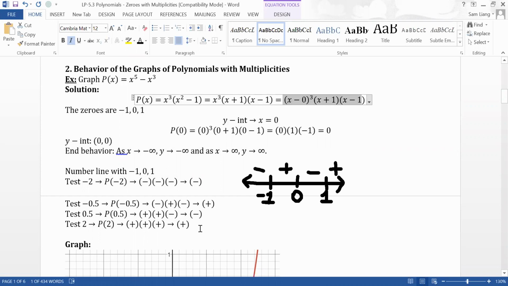Okay, so that's the number line over here. I'll give you a sec to copy that, and then we will talk about the graph.